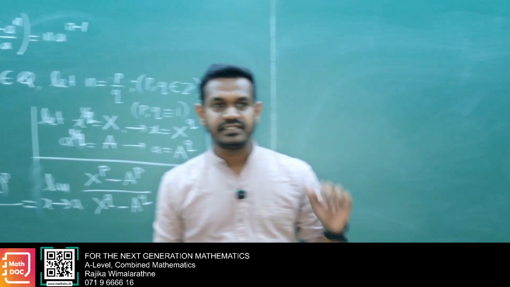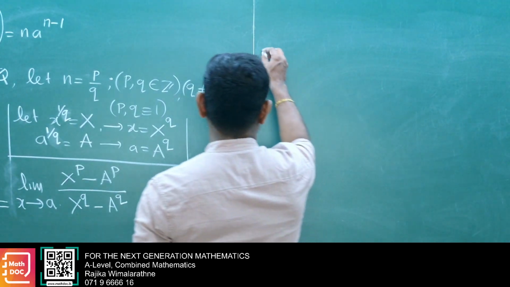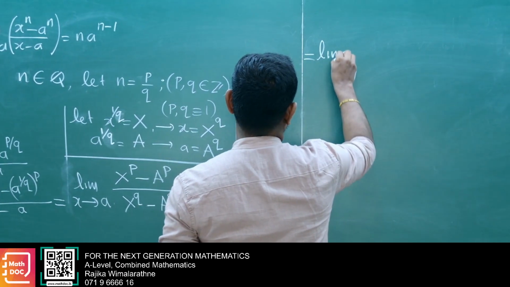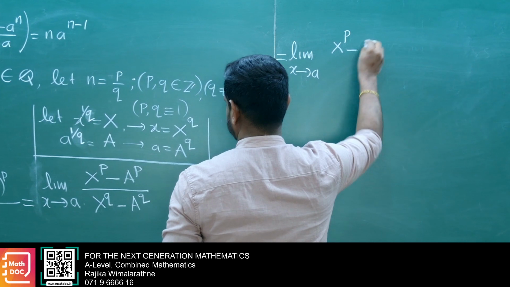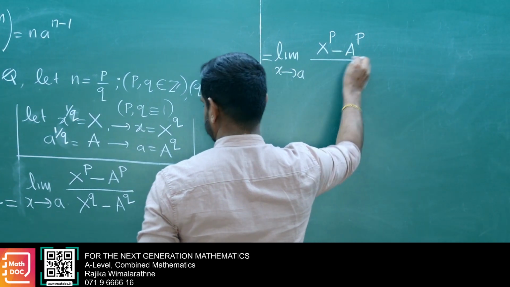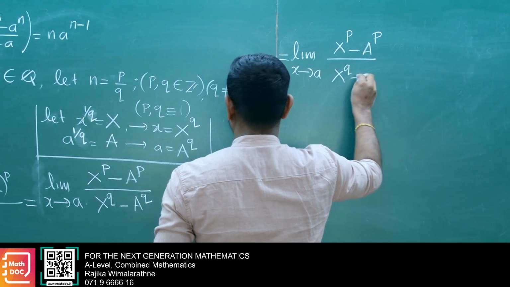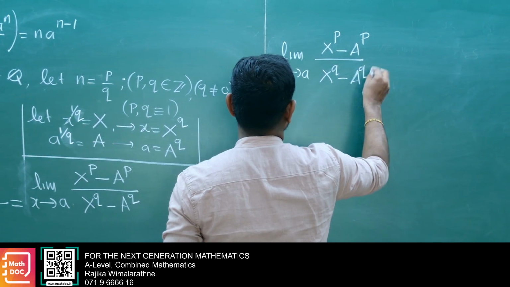Check this. Up to now we have done the limit as x goes to a of x to the power p minus a to the power p over x to the power q minus a to the power q.